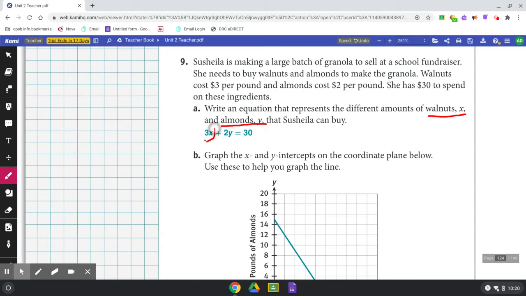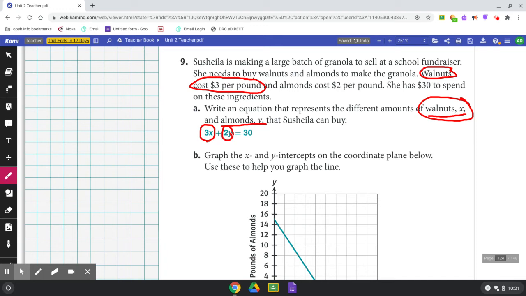So we have 3x because what does x represent? X represents walnuts. And how much per pound do walnuts cost? Walnuts cost $3 a pound. So 3x, $3 times x number of walnuts, plus 2y.